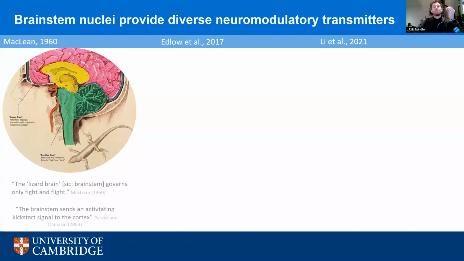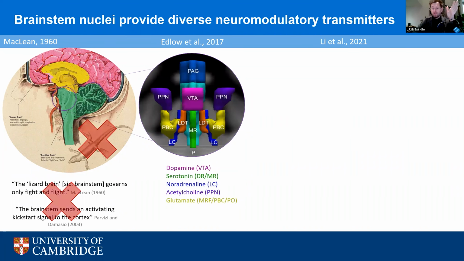Neuromodulatory inputs from the brainstem are very far away from oversimplifications, such as being a lizard brain, as MacLean called them in the 1960s, that the brainstem just governs fight or flight. That couldn't be further from the truth, because it contains all of these diverse neuromodulatory nuclei that provide the non-classical transmitters such as dopamine, serotonin, noradrenaline, and acetylcholine throughout the whole brain.